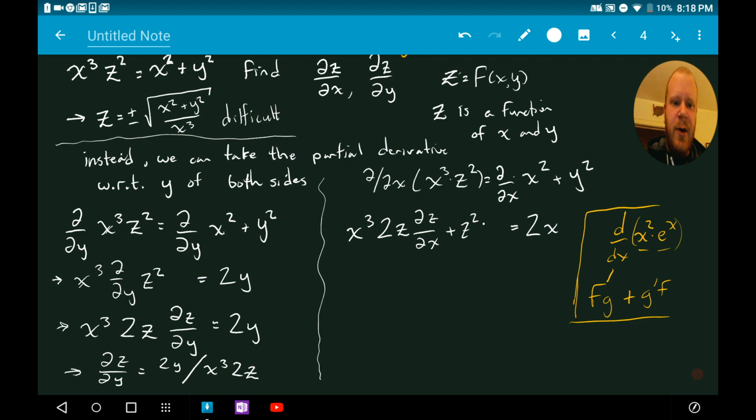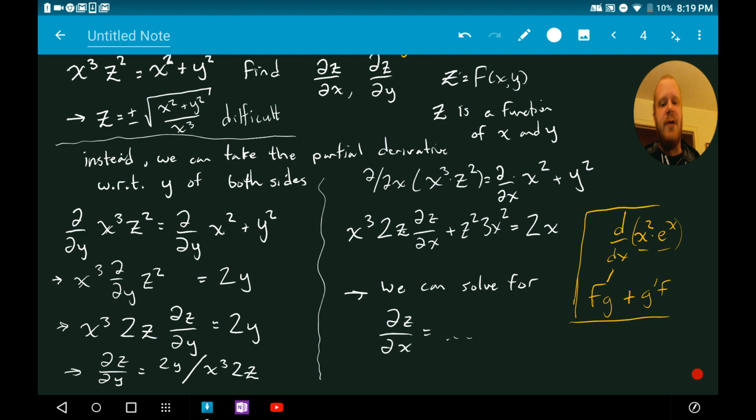So that's going to be z squared times 3x squared. From here we can solve for del z del x. All right, just using algebra, we can find that.